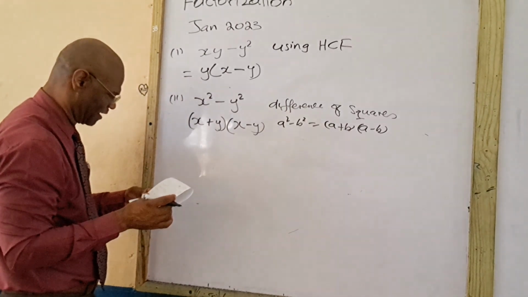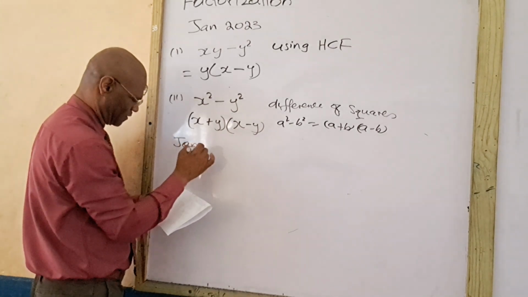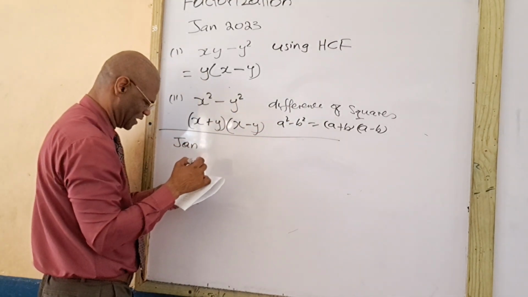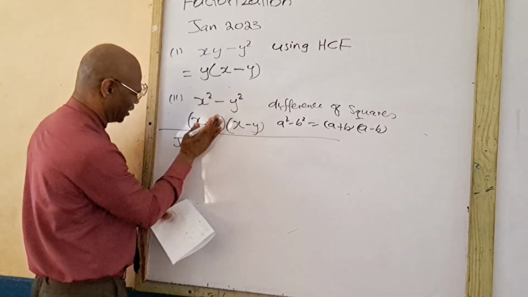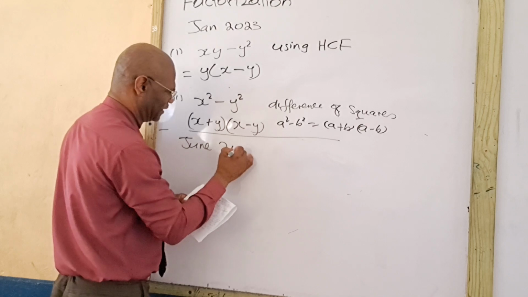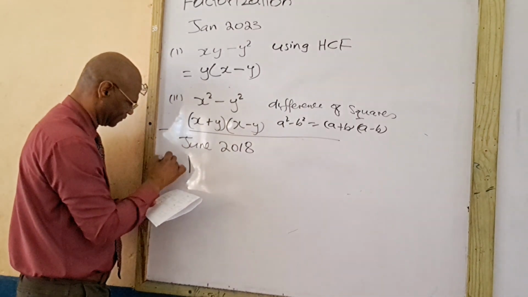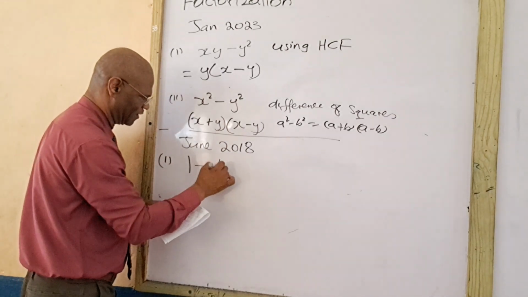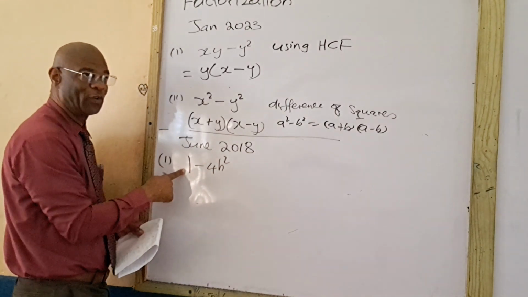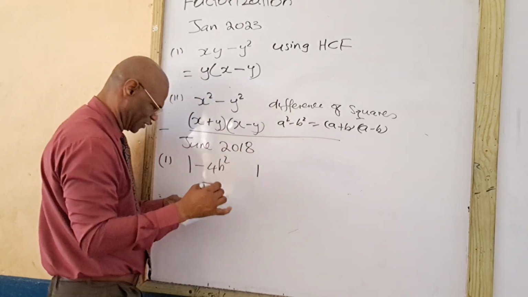Right, so then we have the, where am I? Oh, no, not January. That's June 2018. And you have 1 minus 4h squared. Now, the square root of 1 is 1.